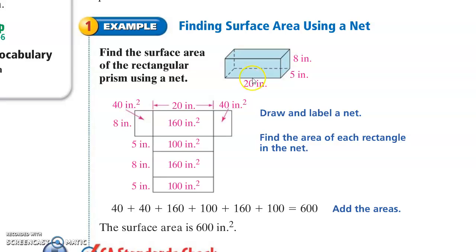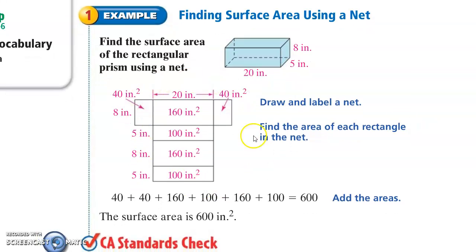If we picture this as a box and cut the box up and lay out all the different pieces, it makes all these different little rectangles. So one way to find the surface area, if they give us the net diagram, is to find the area of each individual rectangle and add them together.